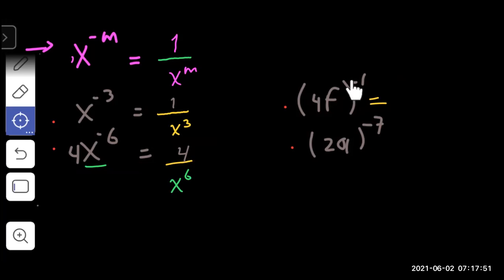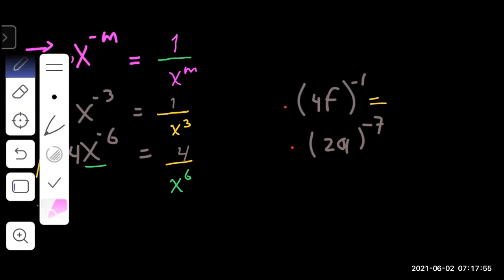All of what is inside the parenthesis is raised to the -1 power. So how do I do that? All of this is -1, right? I'm going to move them down, and now it's going to be raised to the first power, positive, because I moved it down. But if it is 1, you don't need to put 1. You can leave it like that because it's not necessary. We know it's a 1.